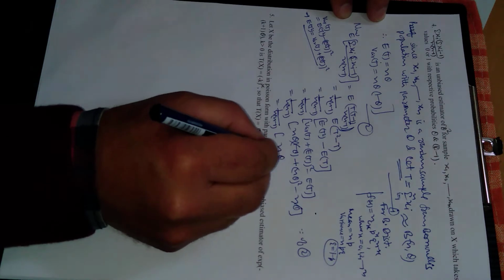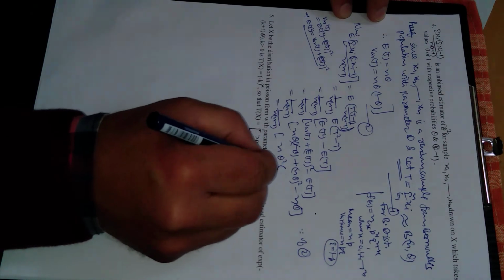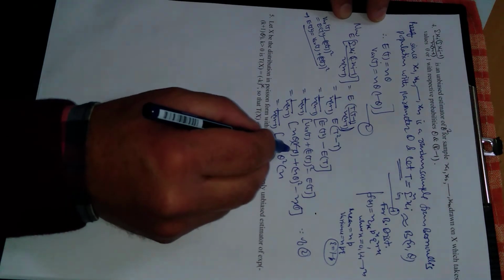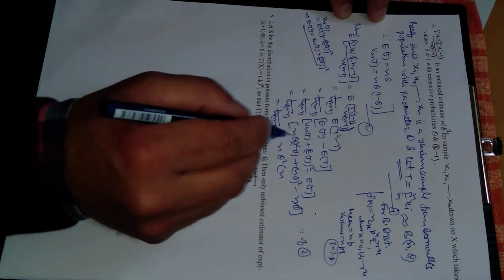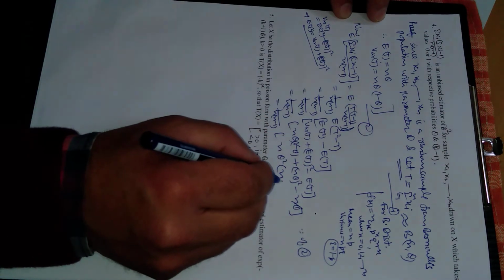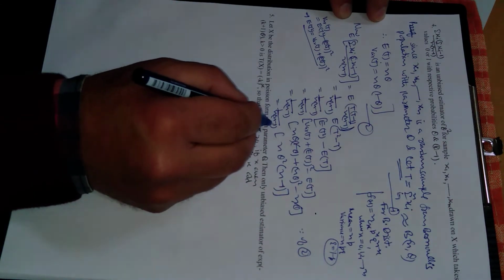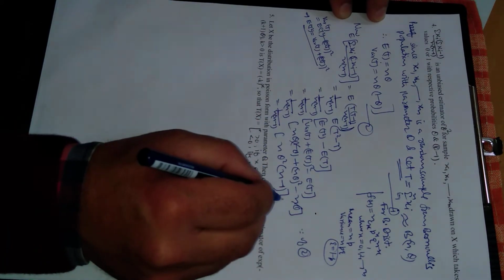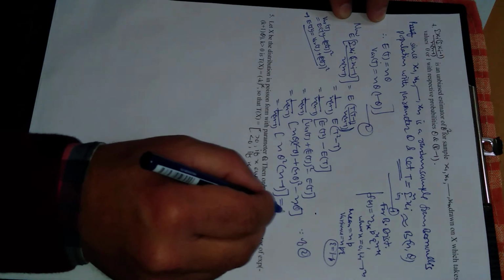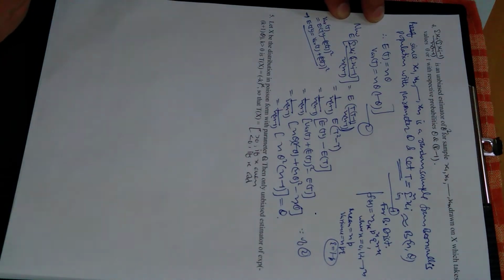N theta square is common. So we are left with here n, and here n theta square minus 1, bracket close. N into n minus 1, these two cancel each other. So which is equal to theta square.